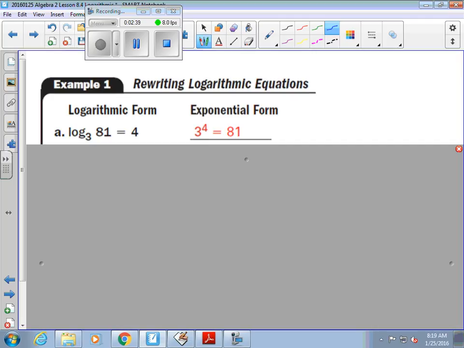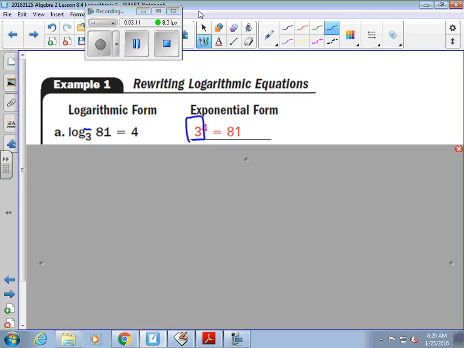Right here, the logarithmic form is log base 3 of 81 equals 4. When you write logarithmic form in exponential form, you're writing it as log base 3. Notice this is the base right here, 3. But again, log base 3.